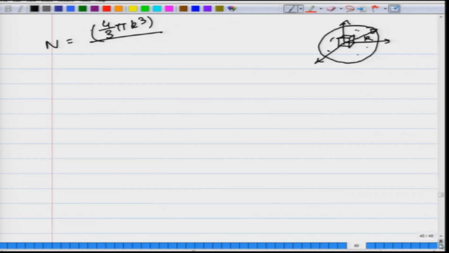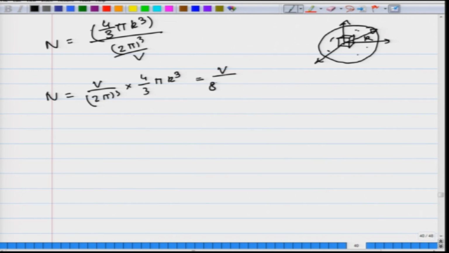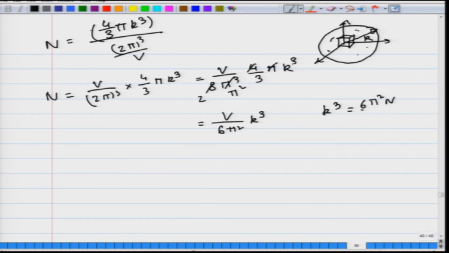So N will be V by 2 pi cube into 4/3 pi k cube. So V by 8 pi cube into 4/3 pi k cube, which gives V by 6 pi square k cube. Okay. So your k cube is 6 pi square N by V.